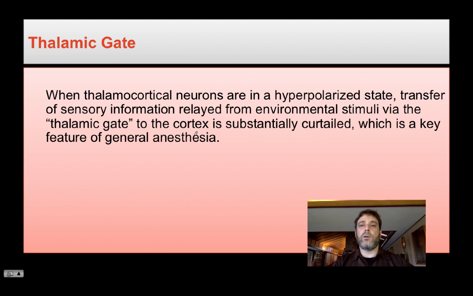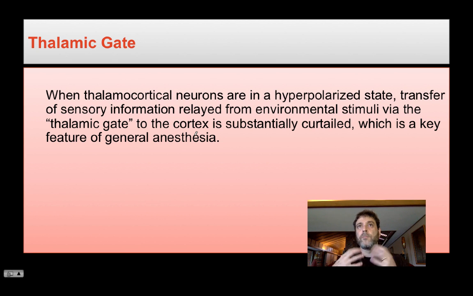It is often thought that the thalamus is a gate through which information passes, and that when thalamocortical neurons are hyperpolarized, transfer of information to the cortex and from the cortex back to the cortex is curtailed.